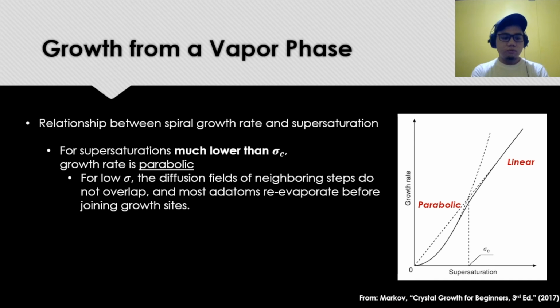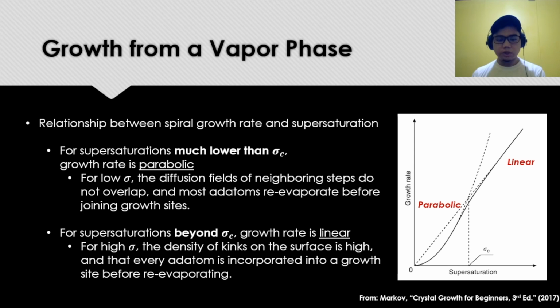This is due to the fact that for low sigma, the diffusion fields of neighboring steps do not overlap, and most adatoms re-evaporate before joining the growth sites. Whereas for supersaturation levels above sigma c, there is a linear relationship with growth rate because the density of kinks on the surface is high, and every adatom is incorporated into a growth site before re-evaporating.